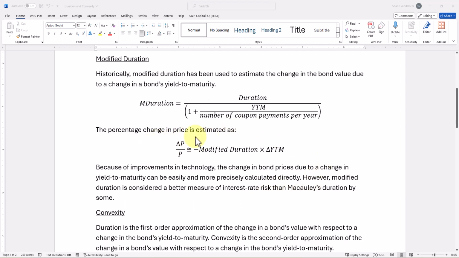We're not going to actually estimate the change in the price, because nowadays it's just as easy, if not easier, to calculate the actual change in price due to the change in yield to maturity. I'm also going to demonstrate how to do this with some real bonds. Some people consider modified duration a better measure of interest rate risk than Macaulay duration, and so that's why I'm demonstrating how to use it here.